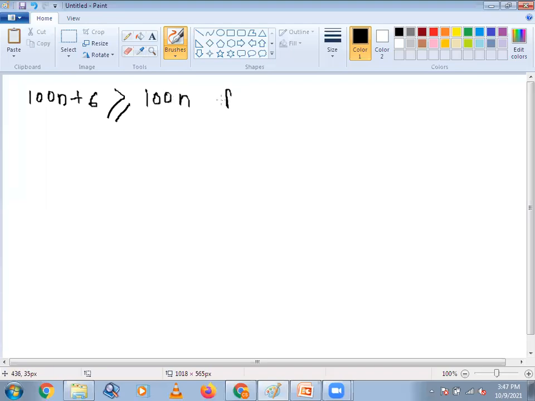Then find the value of n for n is greater than equal to question mark. Okay, find out the value of n.